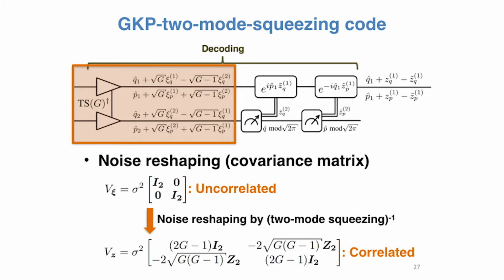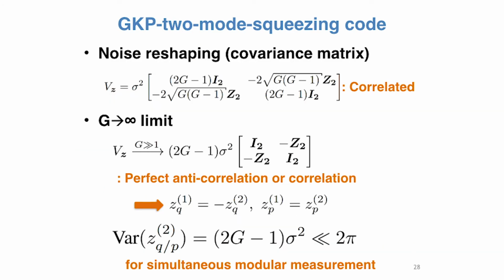So by using this 2-mode squeezing, we can correlate the data and the ancillary almost perfectly. What this means is that if we measure the ancillary noises, it directly tells us almost everything about the data noise because they are perfectly correlated or anti-correlated.